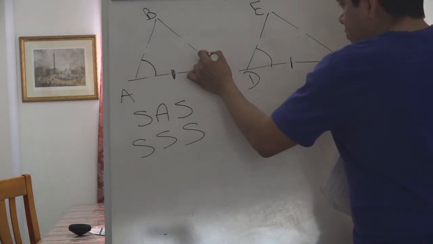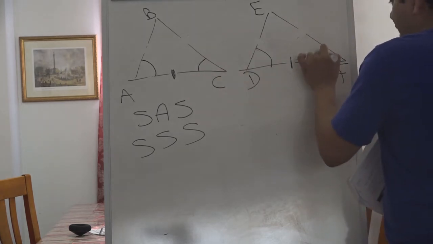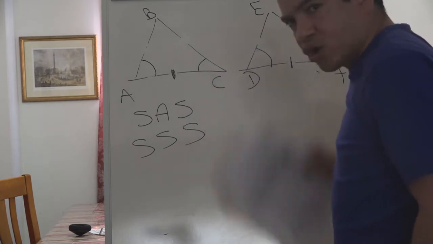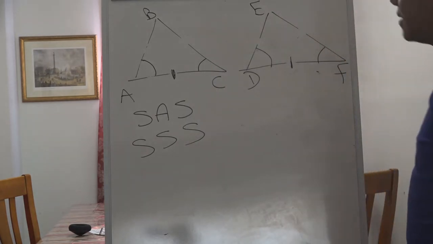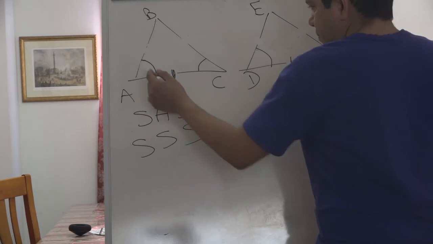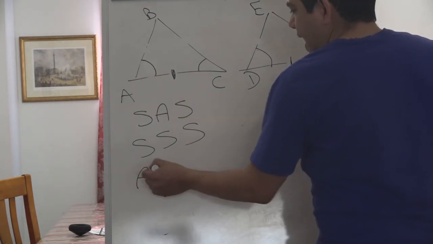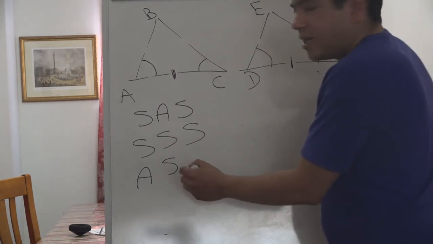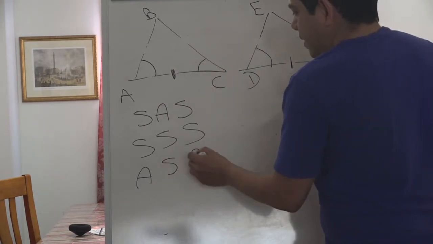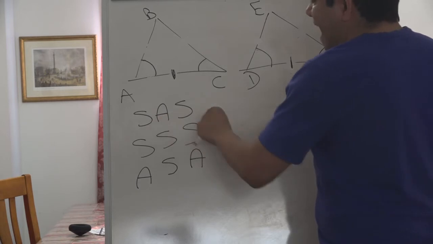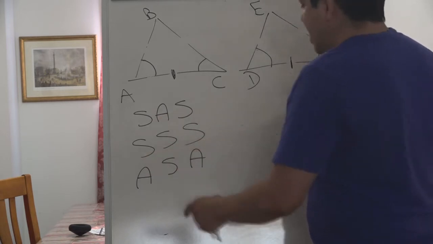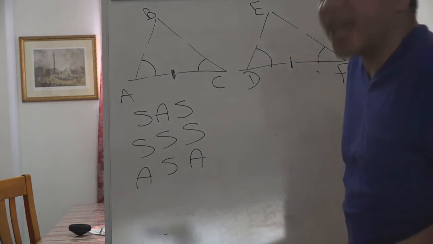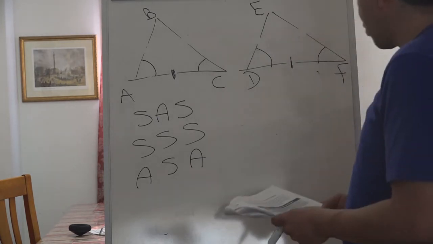Then you have angle C congruent to angle F. You have just proven triangles congruent by what? Take a wild guess. Angle, side, angle. So we got SAS, we got SSS, and we got ASA. All right then. Is there another way? Yes, there are other ways of proving triangles congruent.